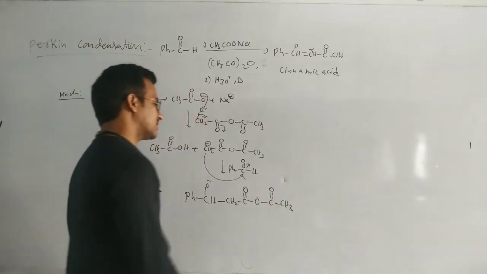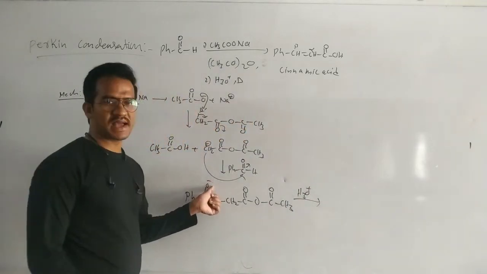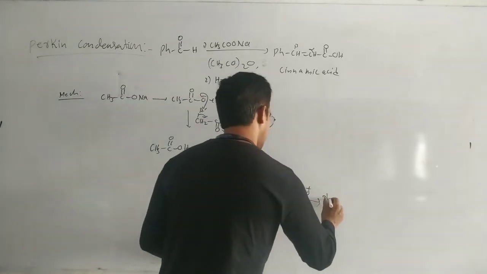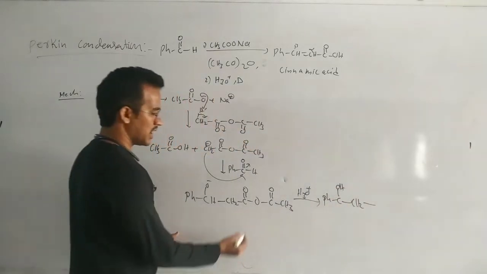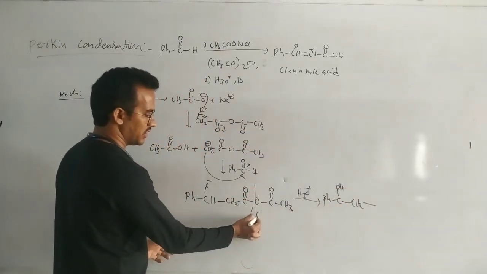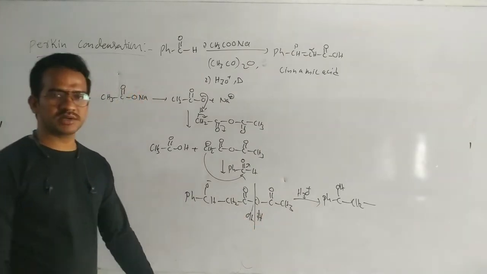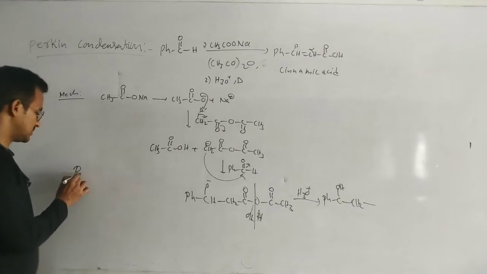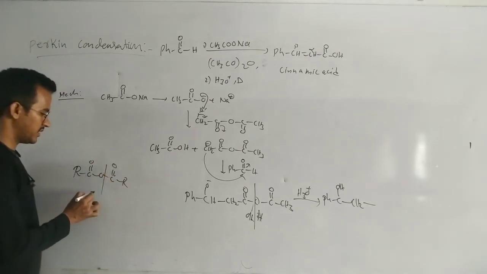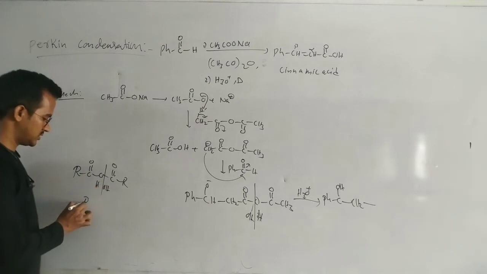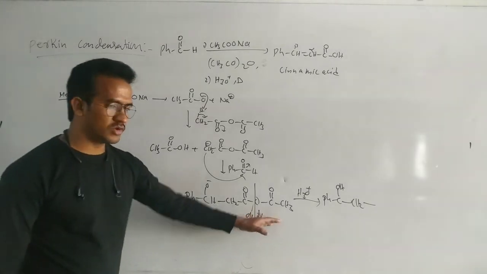Now this one goes on acid workup. This O minus accepts H+ to give PhCH(OH)CH2. Now on hydrolysis, an anhydride is converted to carboxylic acids. Suppose this is the anhydride; on hydrolysis it produces two molecules of carboxylic acid, here with different sides.